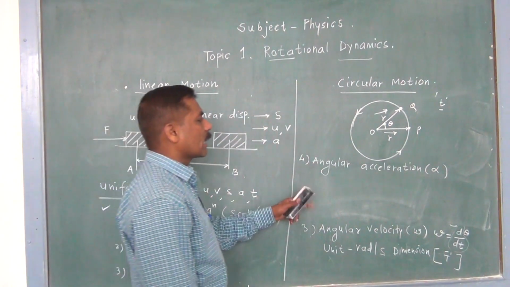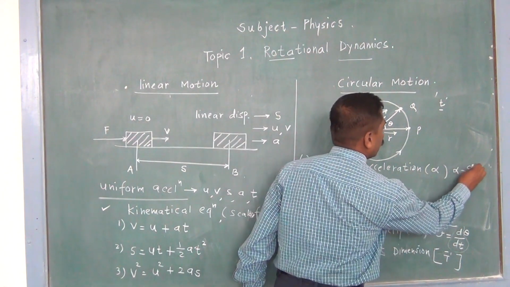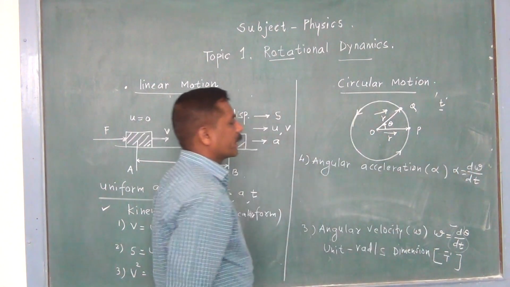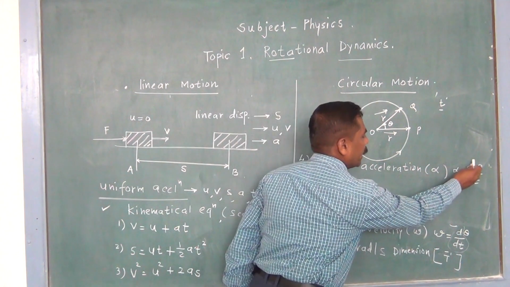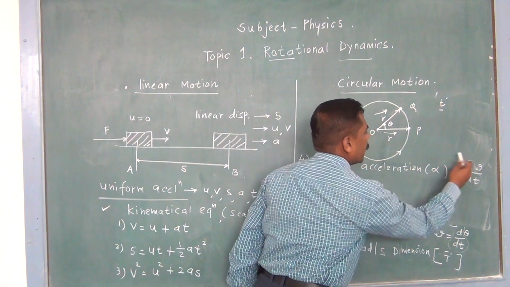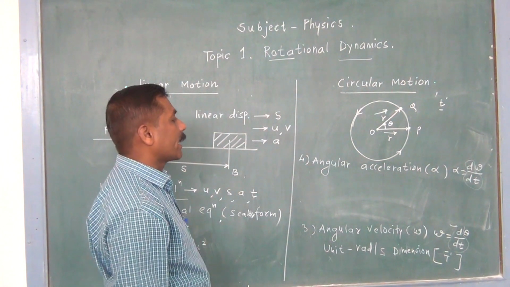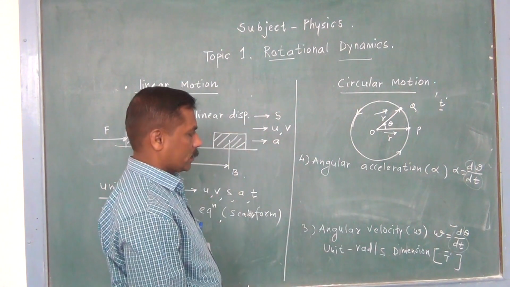How can we define this alpha now? The rate of change of the angular velocity with respect to time. So we can write this formula, alpha is equal to, again in terms of derivative, d by dt. The change in angular velocity divided by time is given in terms of angular acceleration.